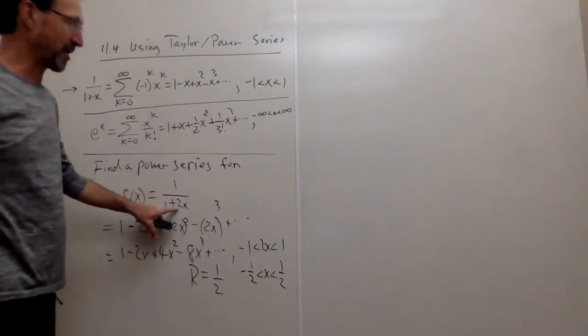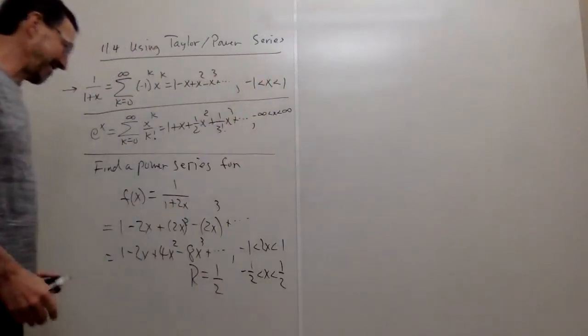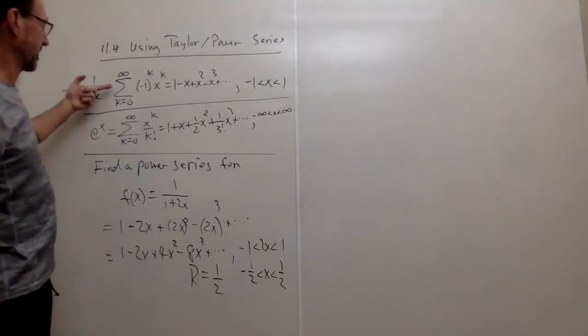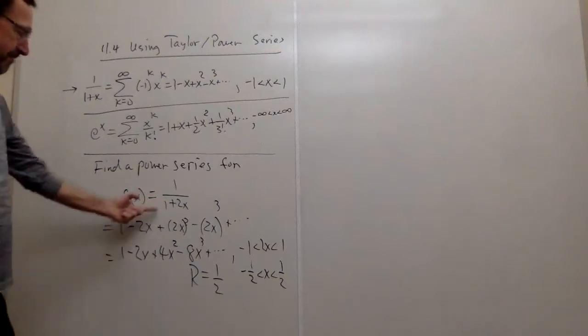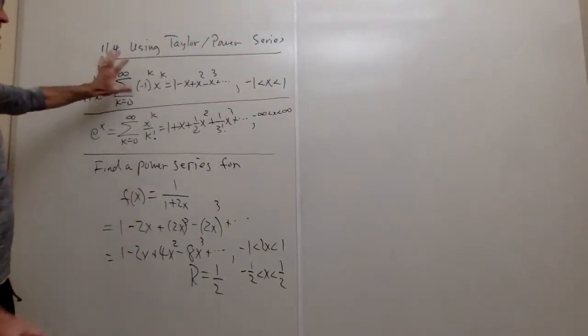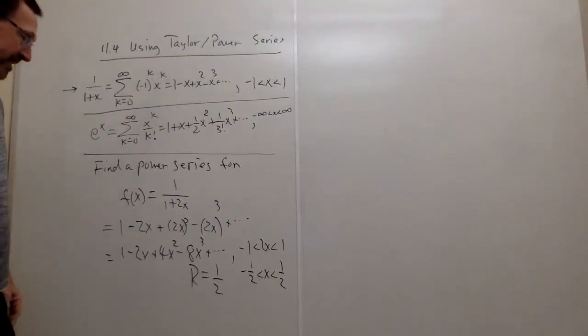If we speed our x's up by doubling them, we cut the interval down by halving it. So I can take what I know here, and I can find a power series form for that function, 1/(1 plus 2x), and I didn't have to work very hard. The hard work's embedded right here in this result. And so we get the result nice and easy.